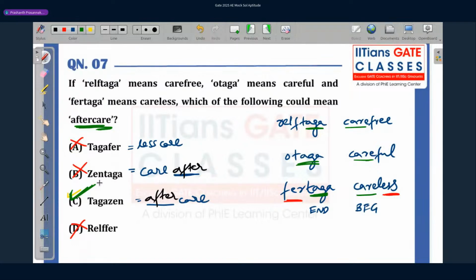Any doubts here? I don't think there should be any doubts.